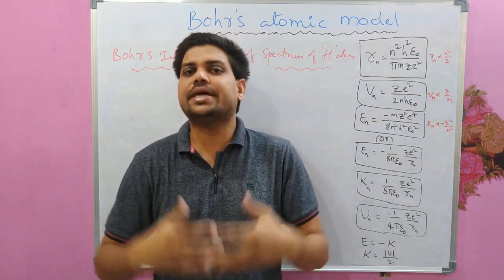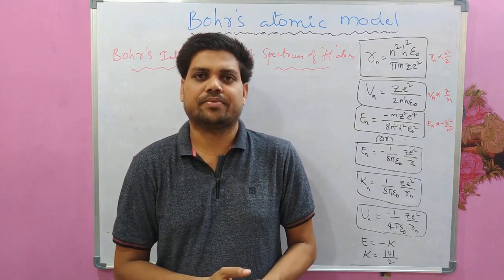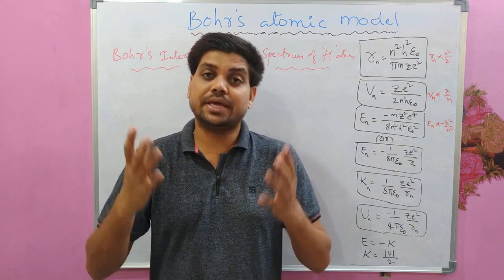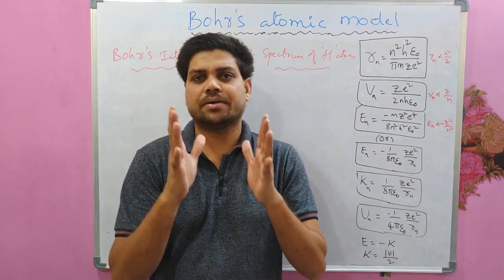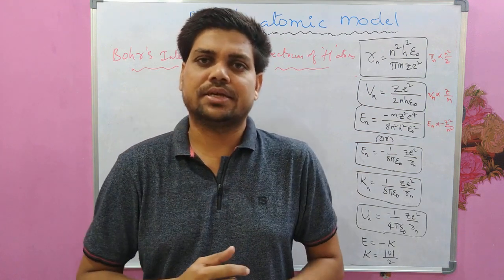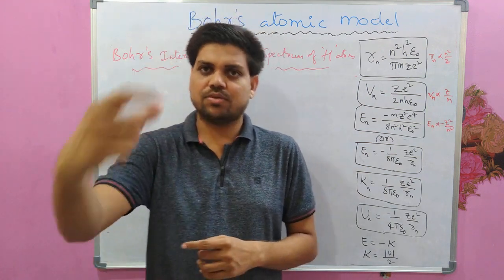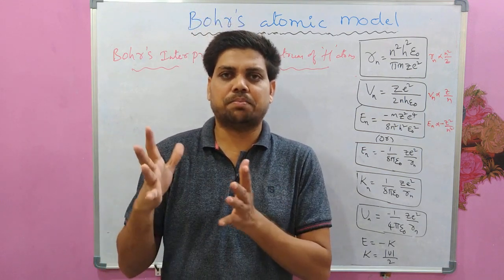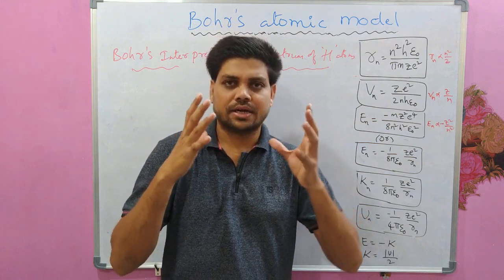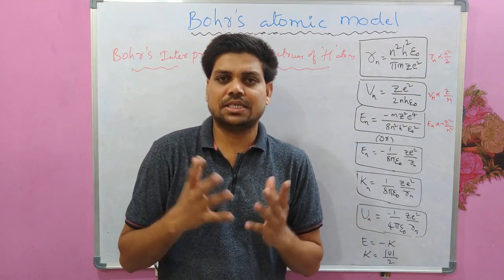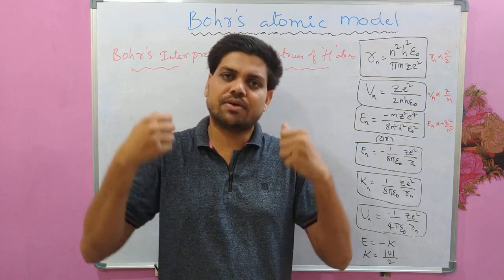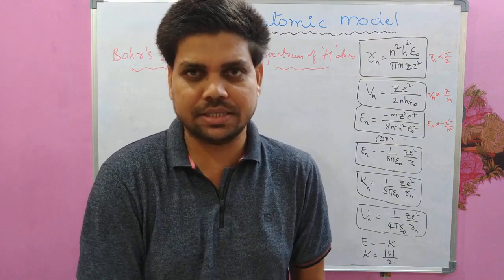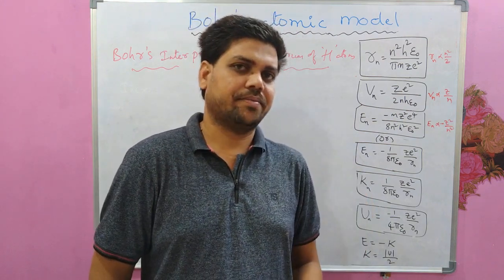The energy is emitted or released, or absorbed, in the form of a photon whose energy is h nu, which will be equal to the difference between the energies of those orbits. The spectral line is possible only when electron transition is there. What is transition? Jumping of an electron from one orbit to another orbit. Then only is energy absorbed or released.